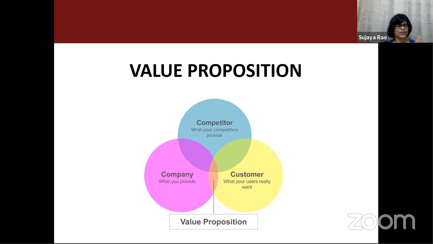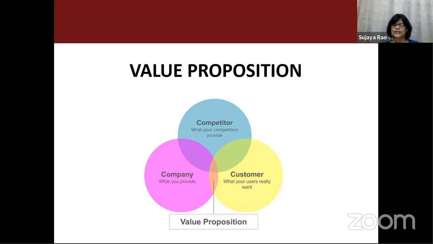So here you have your company. You are visualizing your beautiful company, what you provide. There is the competitor. The market already has something that customers are using. But still you want to surge ahead and you want to show them that, hey, there is a specific uniqueness in what you can experience from my product or service.